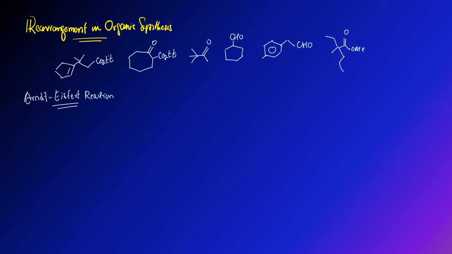Basically, Arndt and Eistert were two German chemists who propounded this mechanism of reaction, which involves the conversion of a carboxylic acid to its homolog, or in other words, it is a homologation reaction.